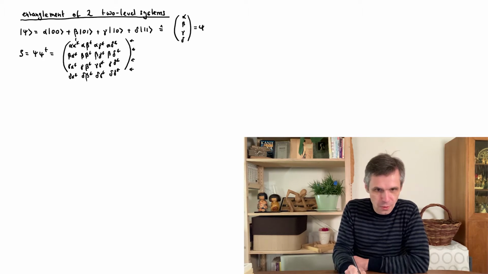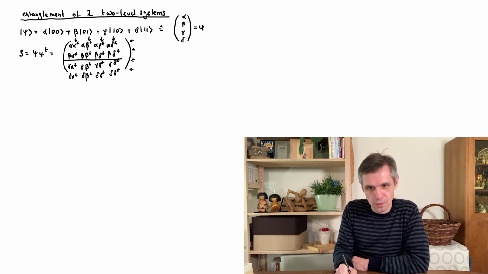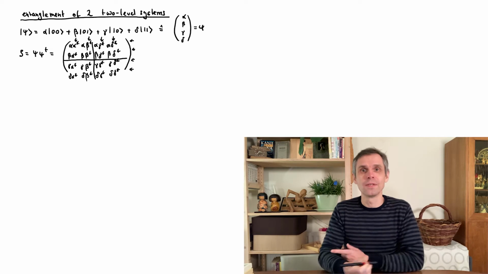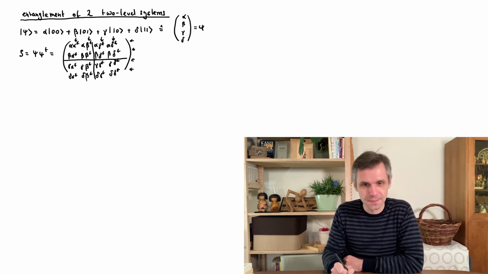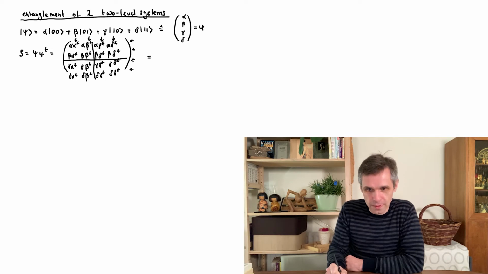And in the columns, you have alpha complex conjugate, beta complex conjugate, gamma complex conjugate, and delta complex conjugate. And our subdivision into blocks just breaks this 4x4 matrix down into 4 2x2 matrices. And for convenience, I'm going to denote these blocks as A, B, C, D.